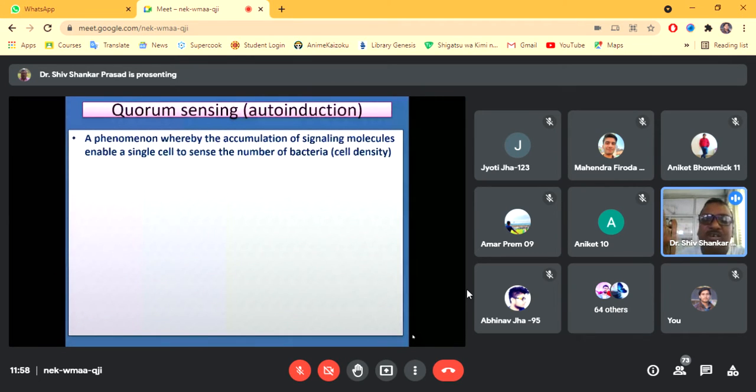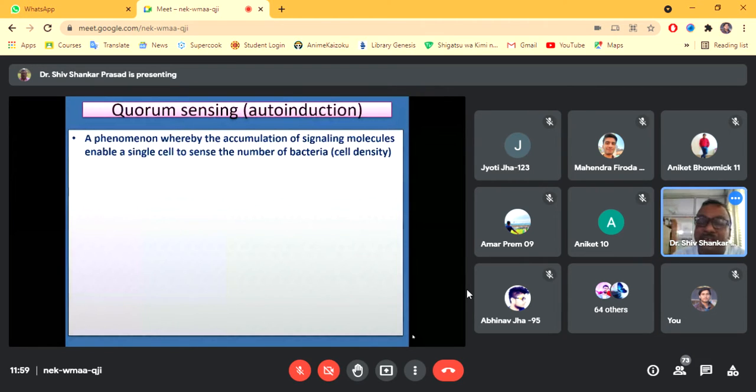So this one is one of the phenomena where accumulation of signaling molecules, that is the organic compounds which are synthesized into the rhizosphere, is enabled to sense the microbial population. Okay, and it will depend upon the cell density also, and also on the chemical compounds density also.